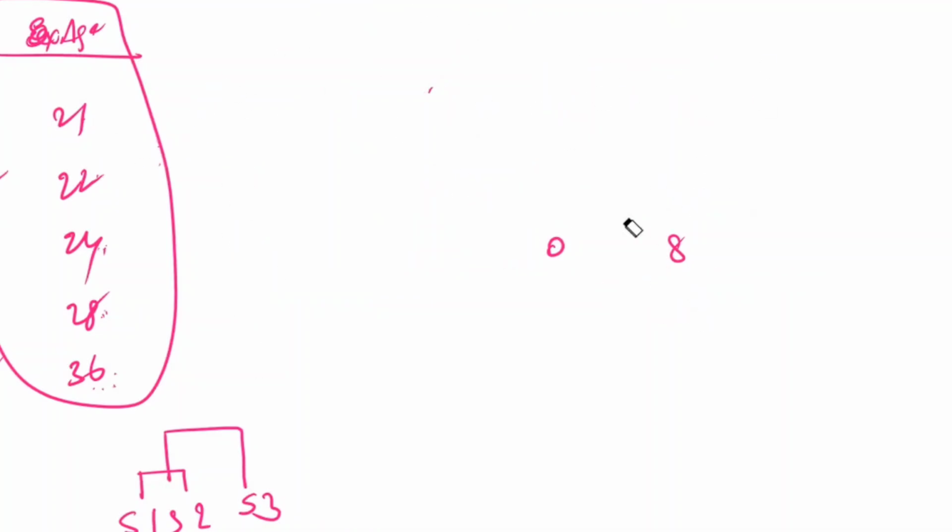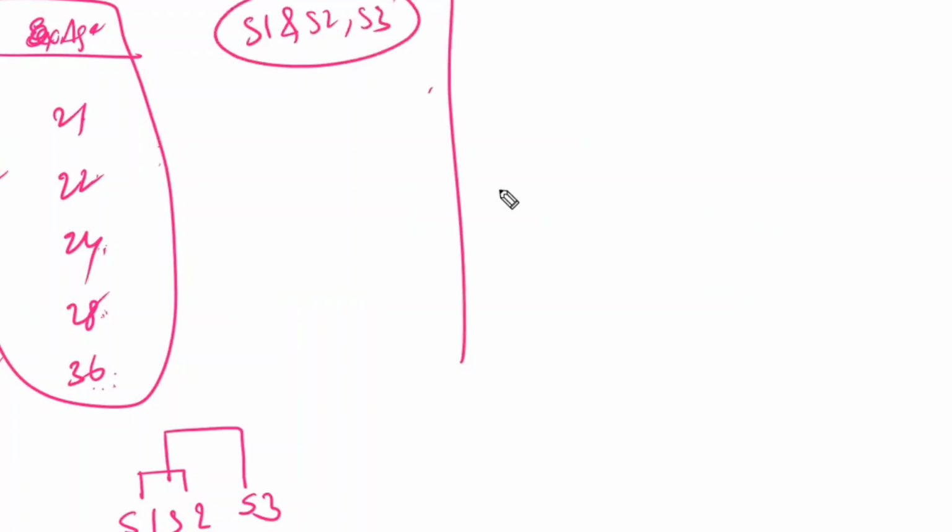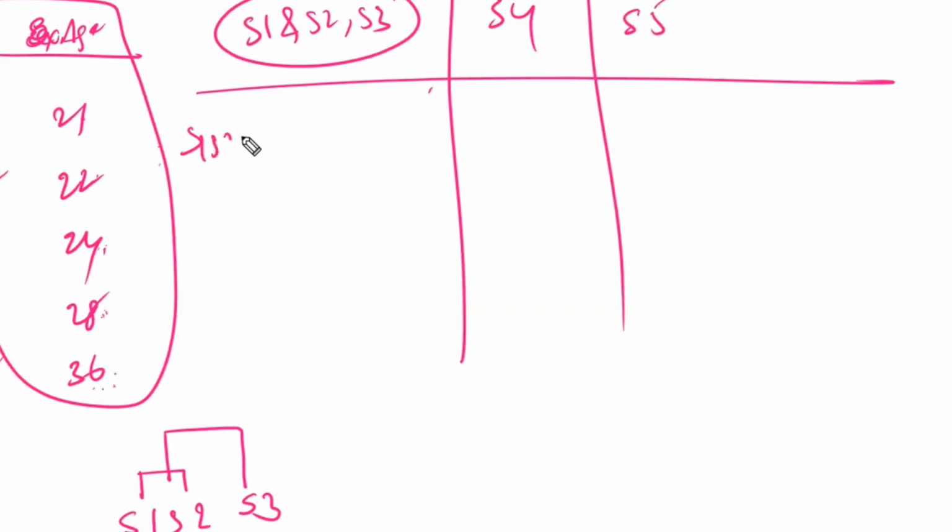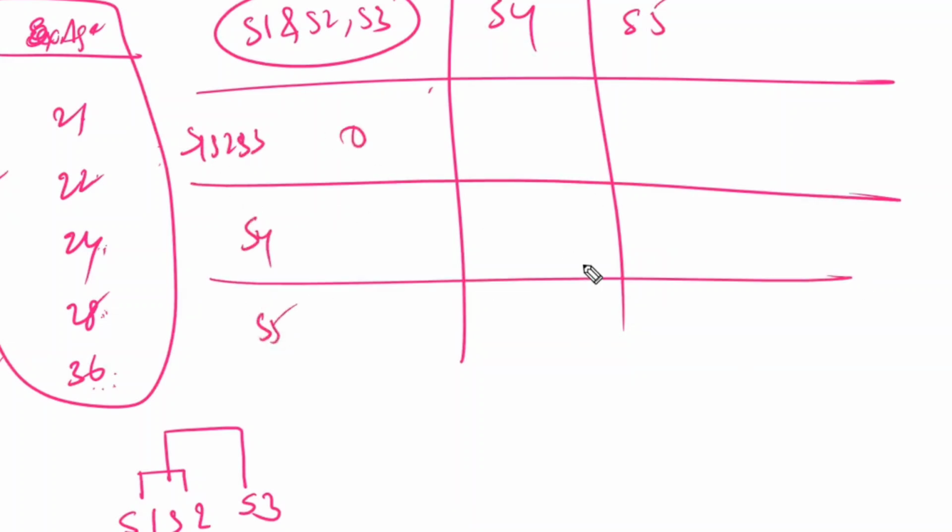What is the distance matrix? S1, S2, S3 as one cluster, then S4, S5. Similarly, S1, S2, S3, S4, S5, with 0, 0, 0 on the diagonal. Now, with this cluster, the distance to S4: take the average of these three. What is the average of these three? 67 divided by 3, which is nothing but 21.33.